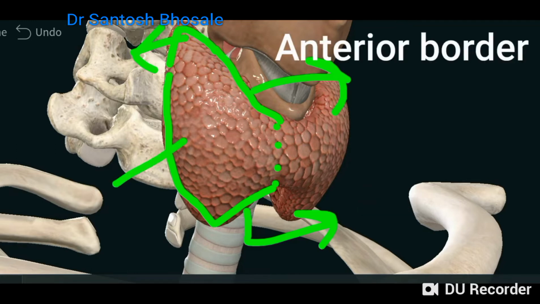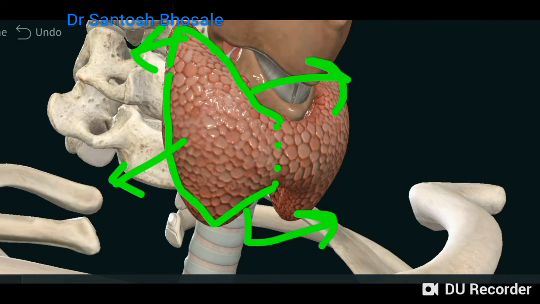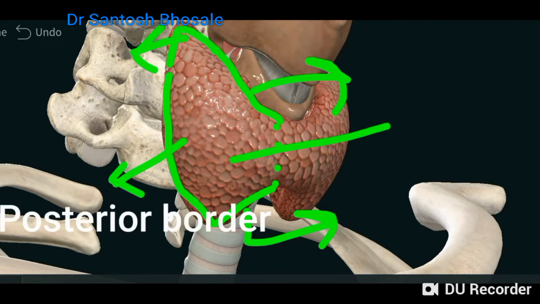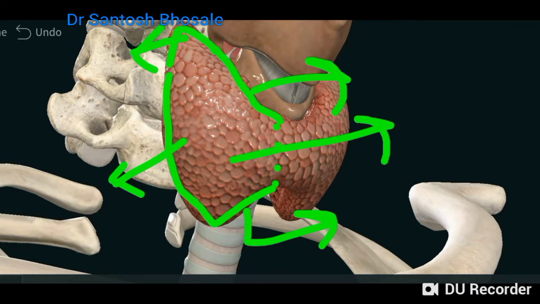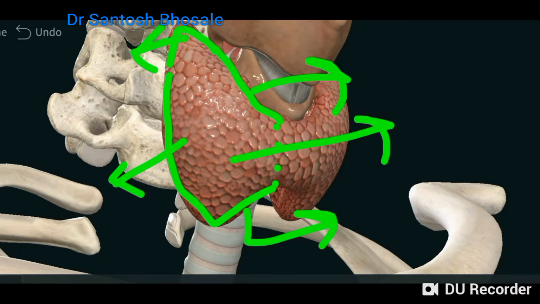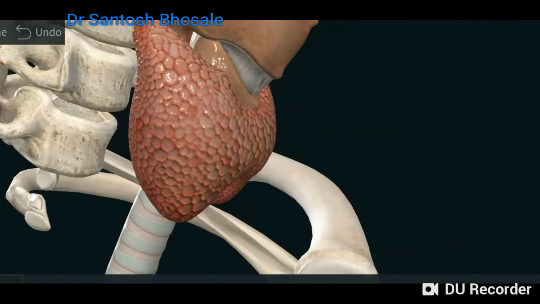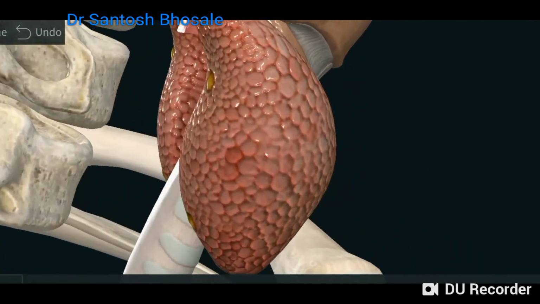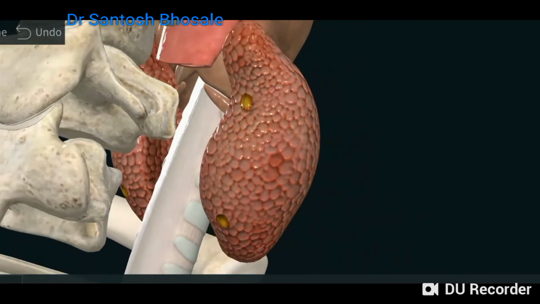The anterior border separates the superficial or lateral surface from the medial, whereas the posterior border separates the posterior from the medial surface.